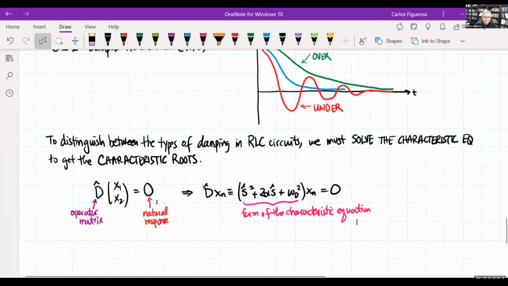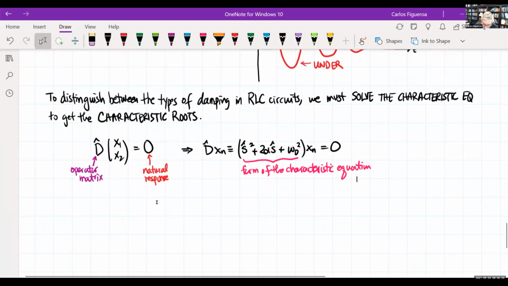So now that I have this characteristic equation, we define alpha, which is known as the Napier frequency, and omega naught, which is the natural frequency, which are two things that we actually measure in the lab.